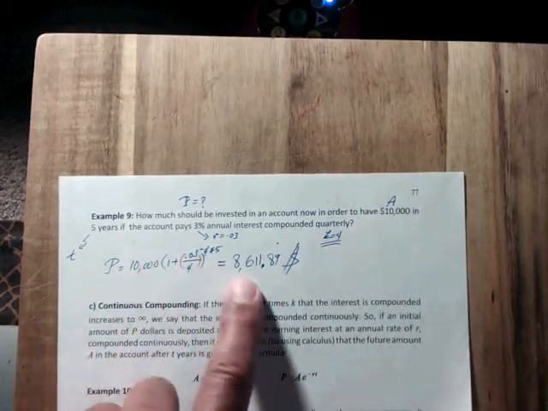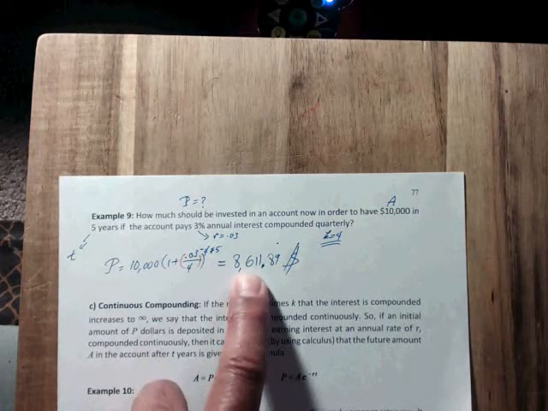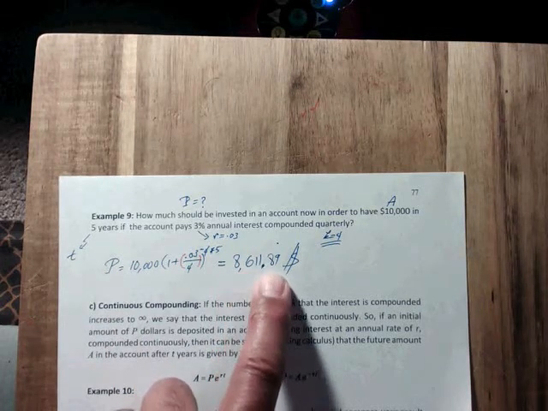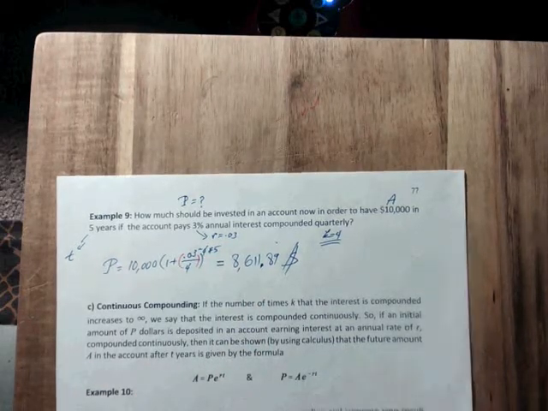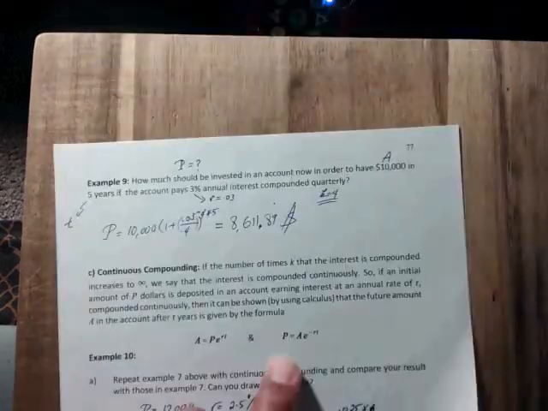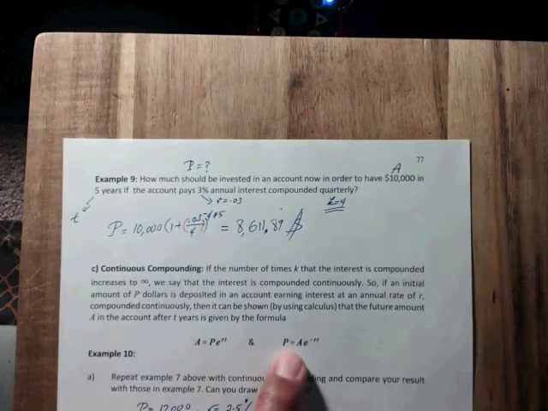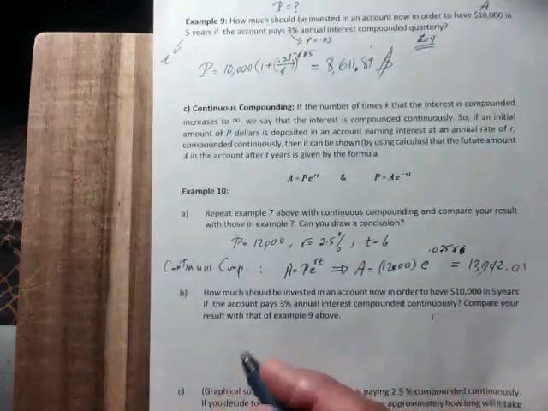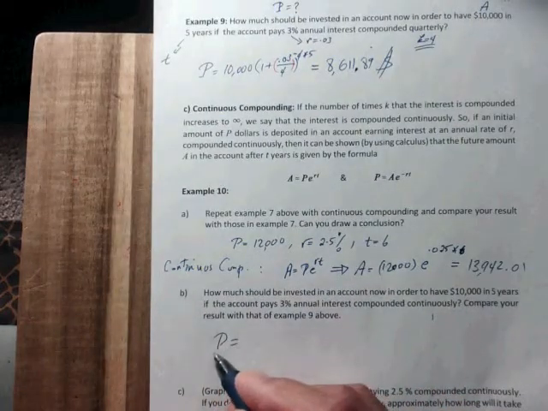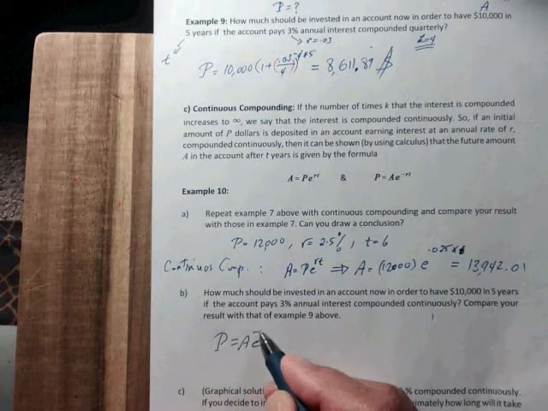If I did it quarterly, I should put $8,611.89. But if I do continuous compounding, see how much I get? And this is the formula. But if P is the unknown, it's the same thing, but with negative RT. So P equal to A e to the negative RT.